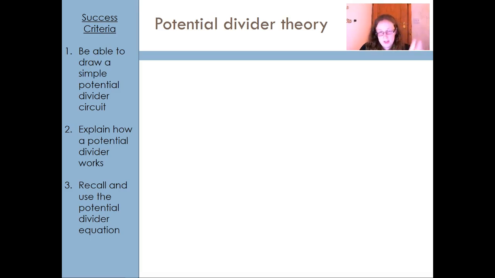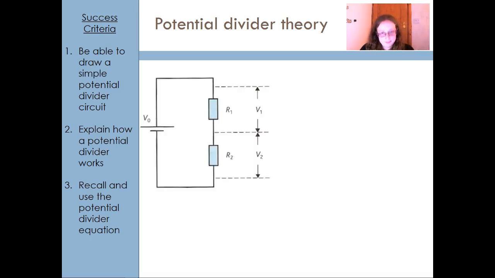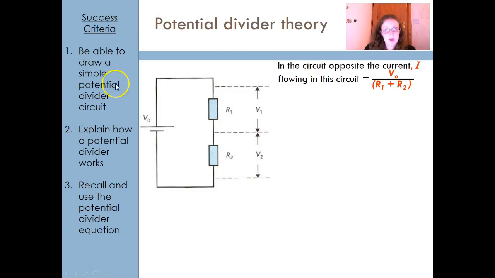So let's go to the theory, the thing I asked you to have a think about for yourself. Back to my circuit, bog standard, super duper simple. If I consider the current that's flowing through it, I could say that it's equal to my total EMF divided by my total resistance, which in this case is R1 plus R2.